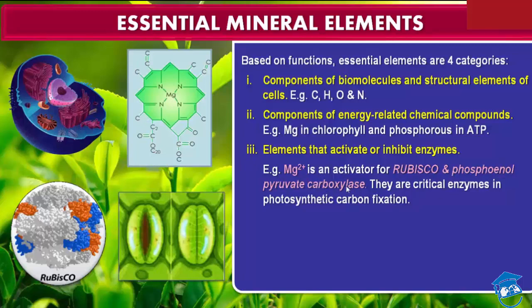They are critical enzymes in photosynthetic carbon fixation. Rubisco is an enzyme and phosphoenol pyruvate carboxylase is also an enzyme, and these two are helpful in carbon fixation. And who activates these two enzymes? Mg2+.